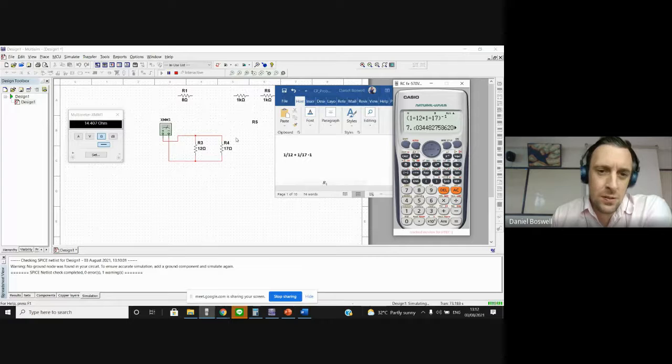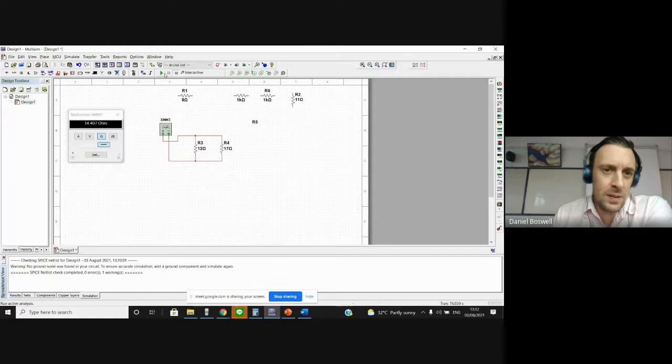So our total resistance in this parallel circuit is 7.034. There we go. 7.034.